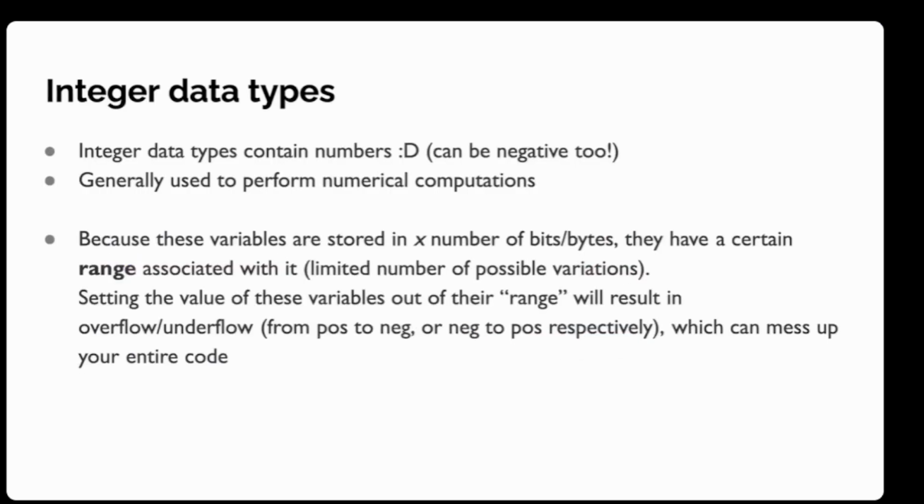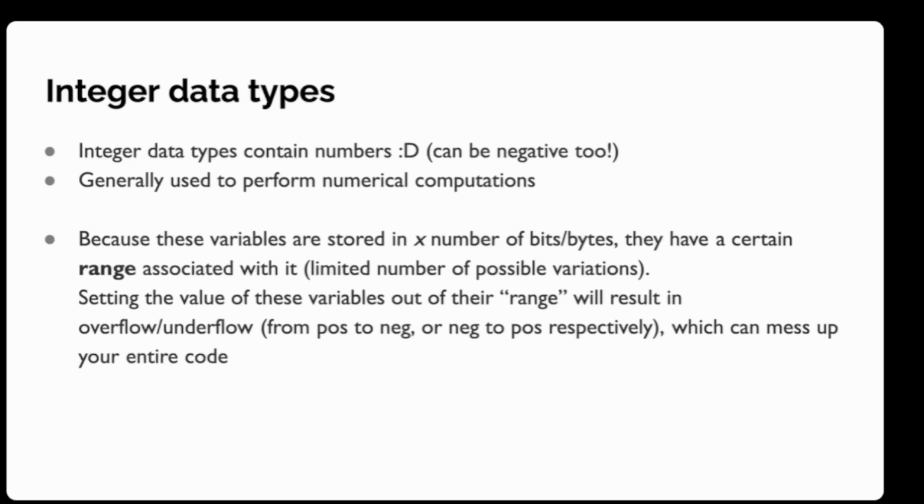So yeah. Next thing is integer data types, which are both a boon and a curse for C++. It's kind of annoying, but yeah. Anyways, this one is obviously used to do numerical computations.